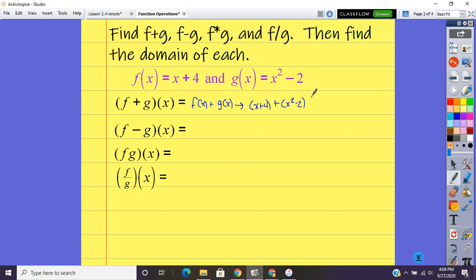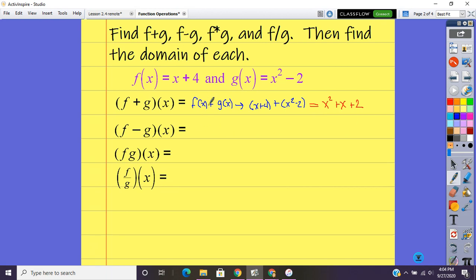And then I combine like terms and write it in standard form, which is highest exponent to lowest exponent. So f plus g of x is going to equal x squared plus x plus 2. And we'll come back to our domain in a second.